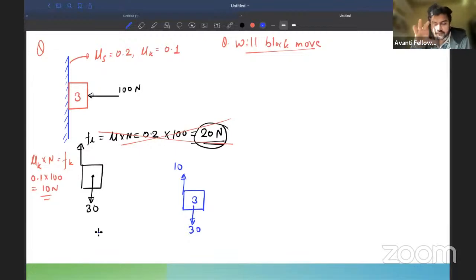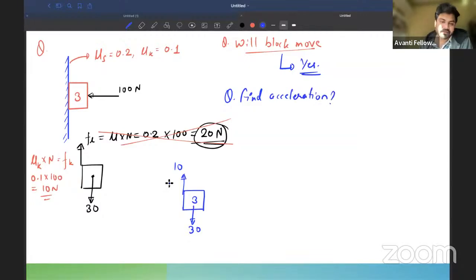Okay, so now we can easily find the acceleration. If someone asks, okay block, will the block move? Yes, of course. Why? Because static frictional force is not sufficient to stop the block. If the block will move, find the acceleration. How much will the acceleration be?